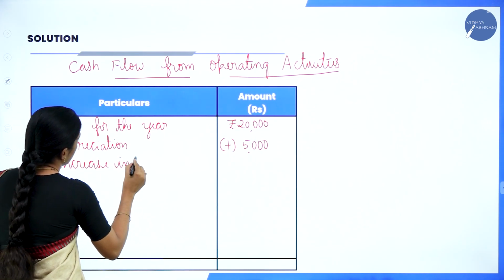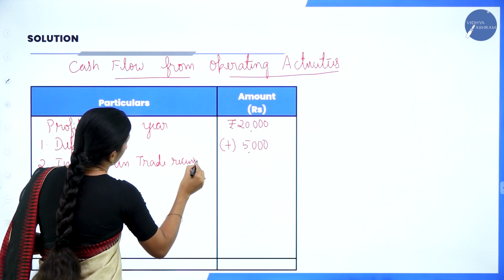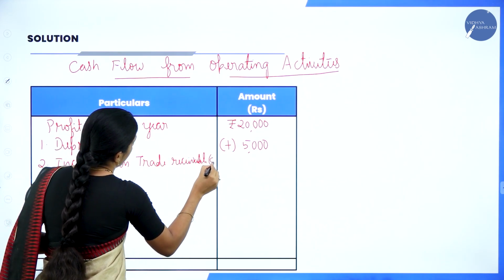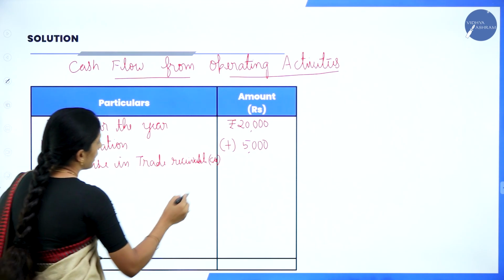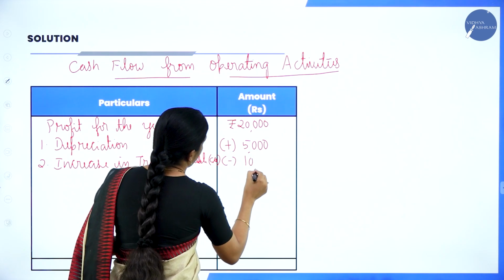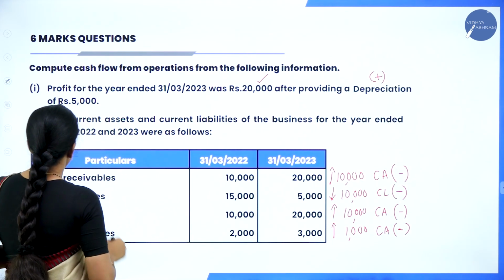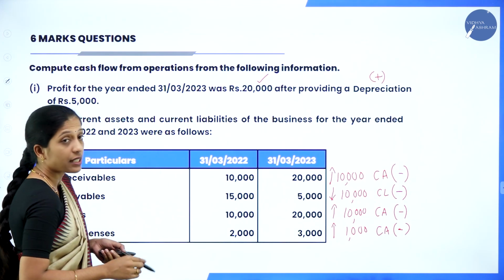Increase in trade receivable, that is current asset. So it has increased. So minus 10,000. How much it has increased? 10,000. You have to take the difference amount.